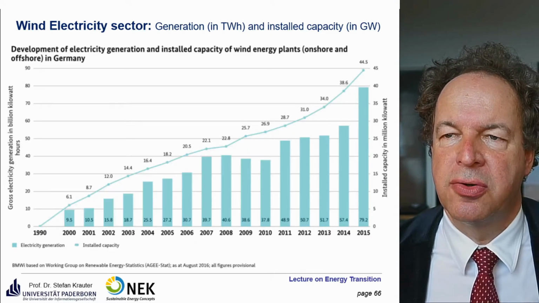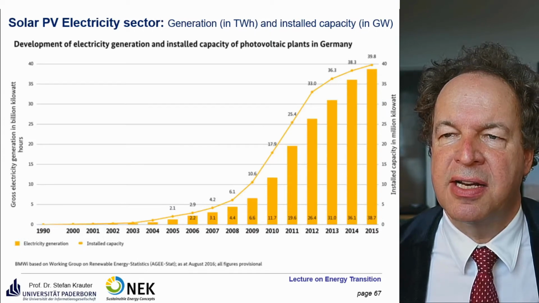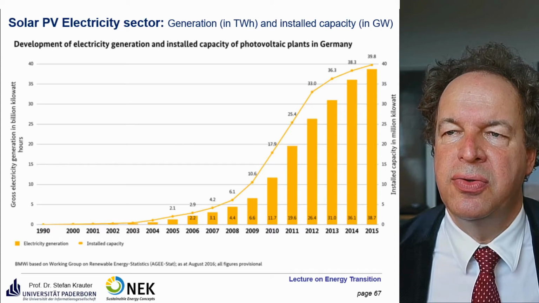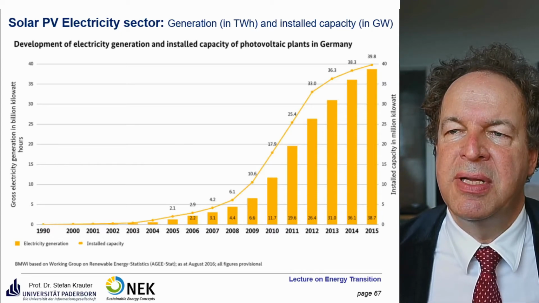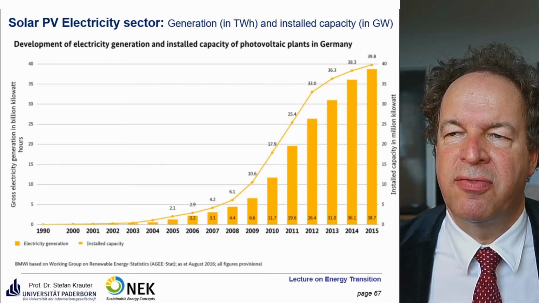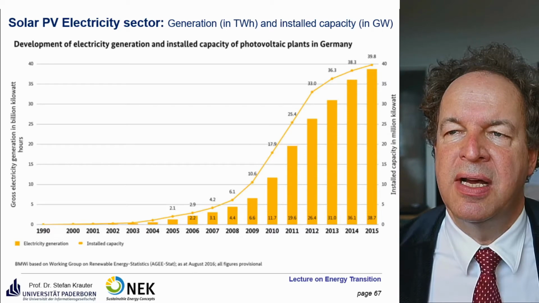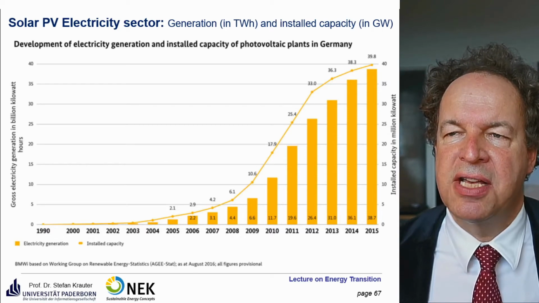The wind energy sector has also increased quite a lot. Photovoltaics stagnated a little bit after 2013 due to some limitations. There was a limitation of 52 gigawatt, which everyone was afraid of, including the investors, and so not much was done in the last years.